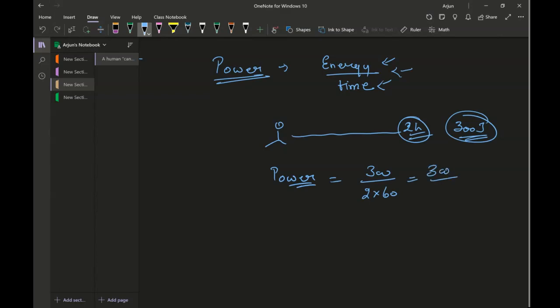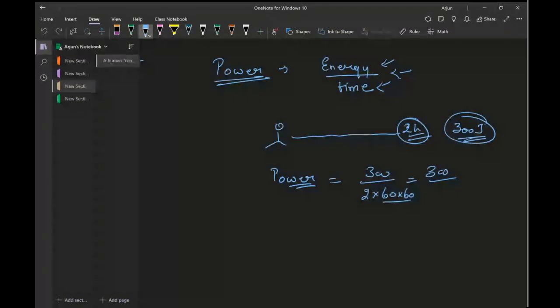Then I have to convert it into seconds also, so multiplied by another 60. 60 times 60 is 3600, multiplied by 2 is 7200. So 300 divided by 7200 will be equal to 0.0416. And the unit of power is watt.